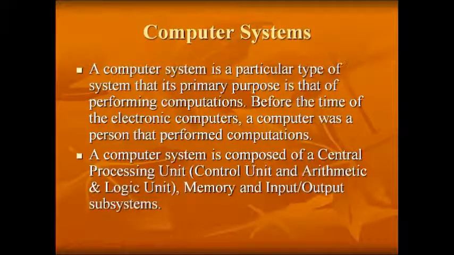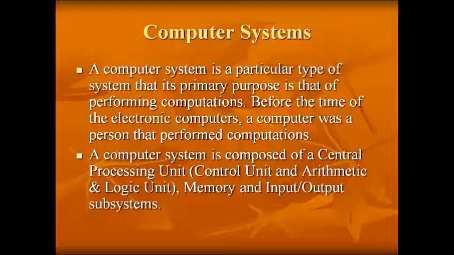So, computer system. A computer system is a particular type of system whose primary purpose is performing computations. Before the time of electronic computers, a computer was a person that performed computation. Okay? So, again, when you say a system, it doesn't mean this is a machine.